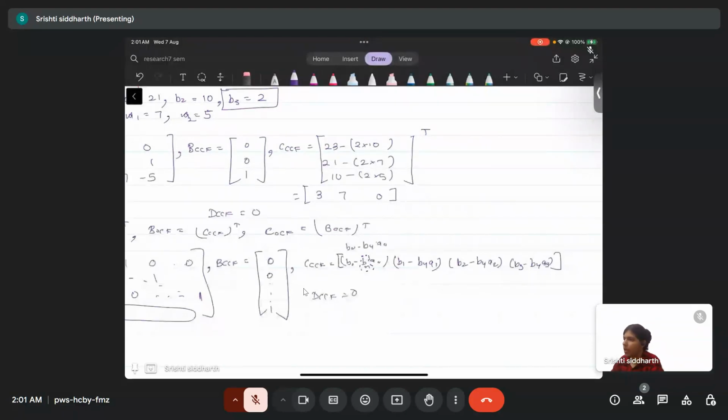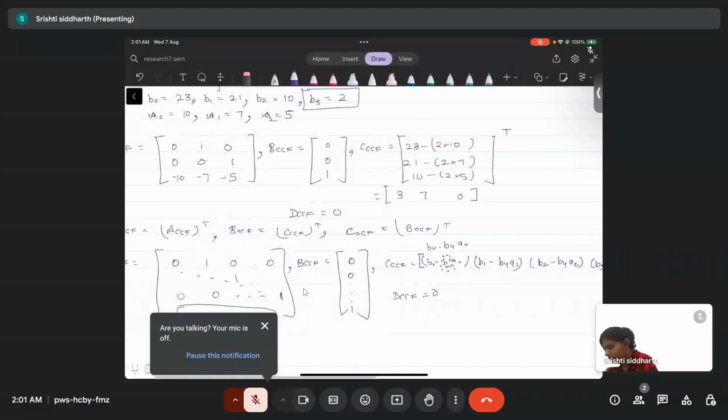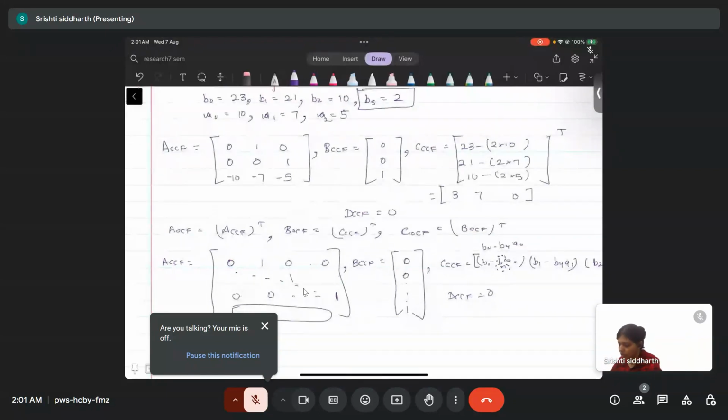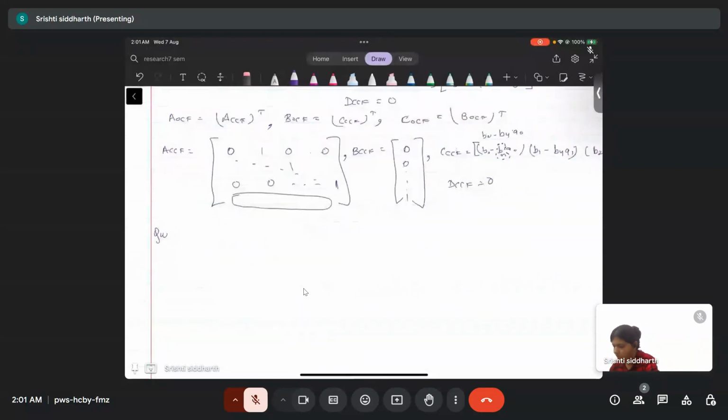Okay. Now let's move on to the next question. So we have a transfer function again. It is s plus 3 over s plus 2 squared times s plus 5.